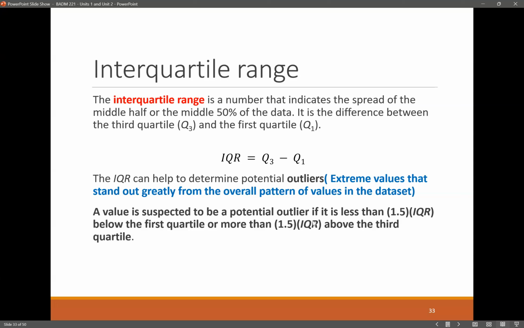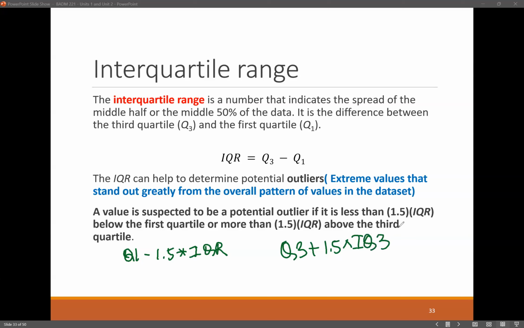So what the formula here is, if it is less than 1.5 times the IQR below the first quartile. So you will find what is Q1 minus 1.5 times IQR. And you will find what is Q3 plus 1.5 times IQR.